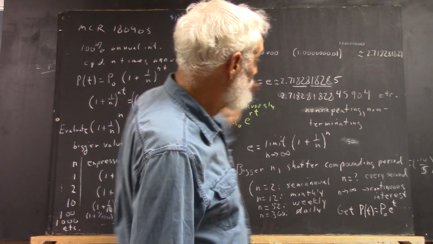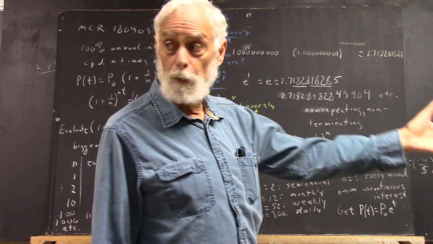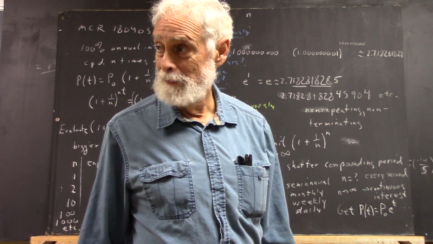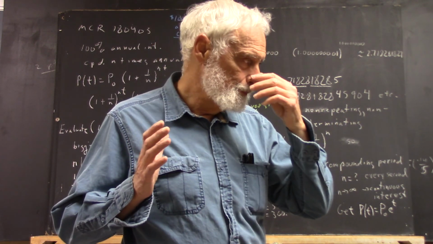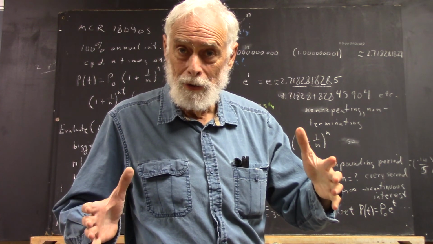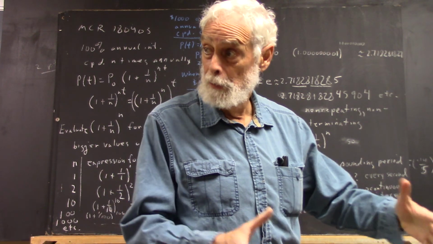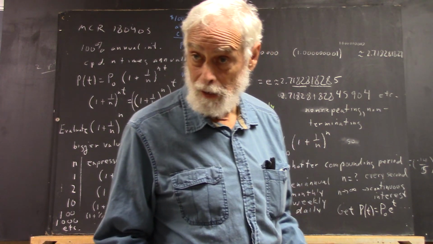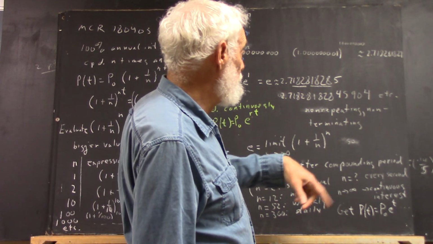Turns out this is a number that keeps going forever without ever repeating itself. There's no sequence of numbers that keeps repeating forever. There's no pattern that keeps repeating forever. Okay? So this is a non-repeating, non-terminating number.